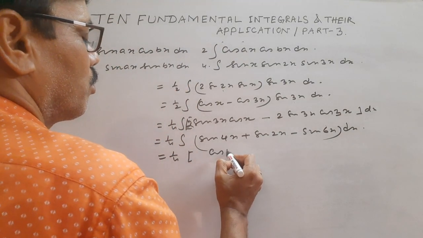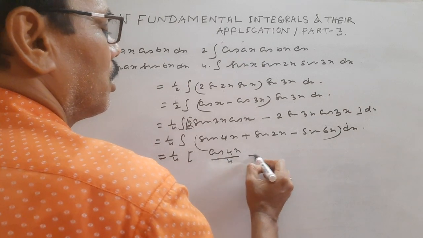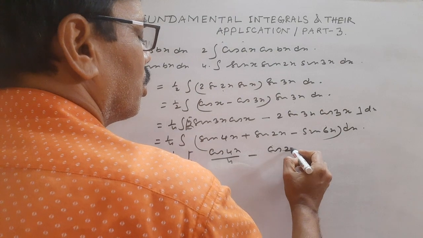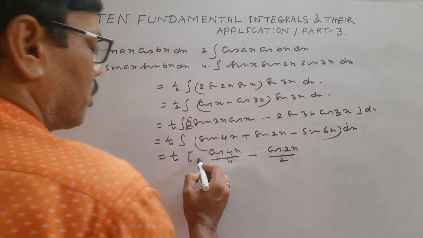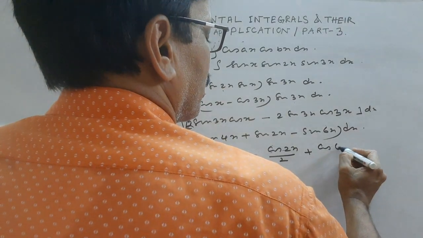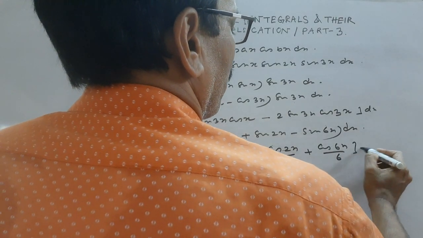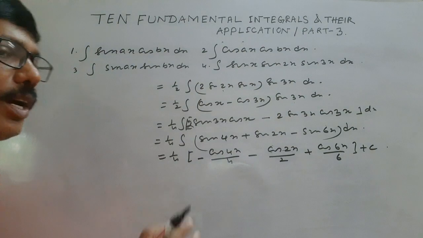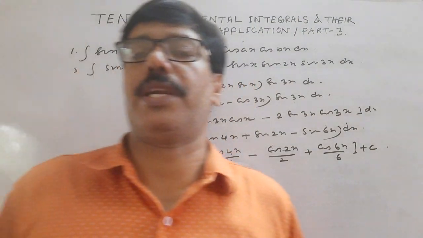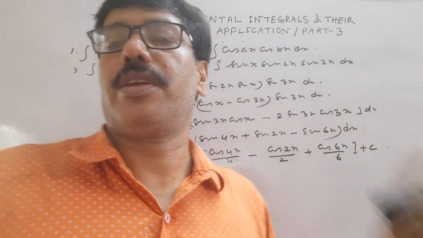So cos 4x by 4, this is also cos 2x by 2, obviously here also negative, and this is cos 6x by 6 plus c. So they are very simple problems, problems of beginners. You complete the rest.